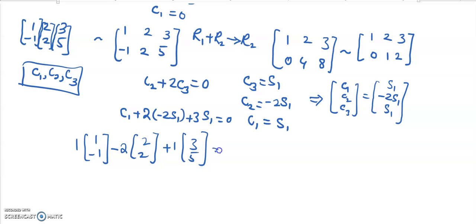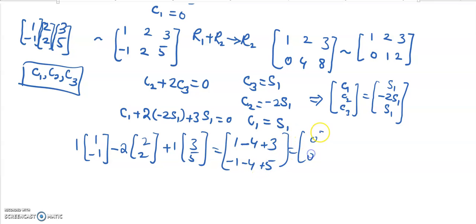So what do we get from here? 1 minus 4 plus 3, and then minus 1 minus 4 plus 5. So we get 0 is equal to 0. So the equation is satisfied. But in this case, we are using non-zero coefficients C1, C2, C3 to make them 0.